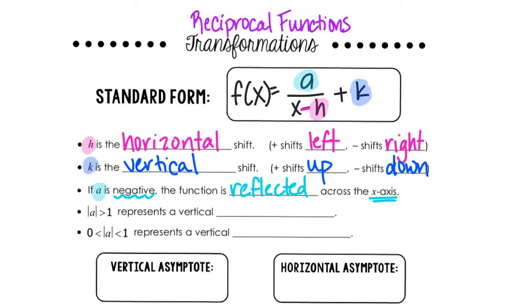If a is greater than 1, you have a vertical stretch. And if a is between 0 and 1, you have a vertical compression or squish.